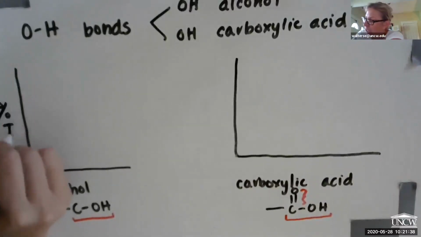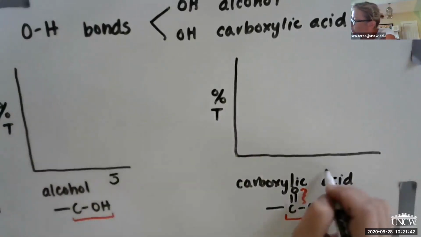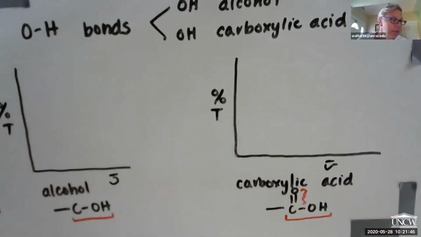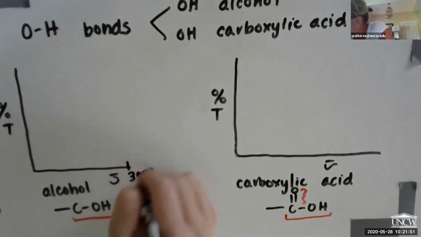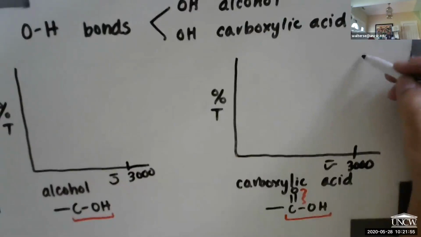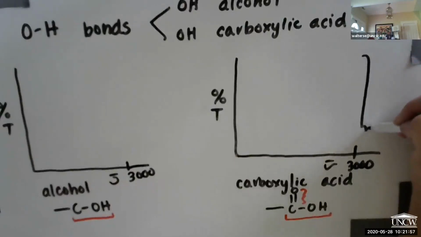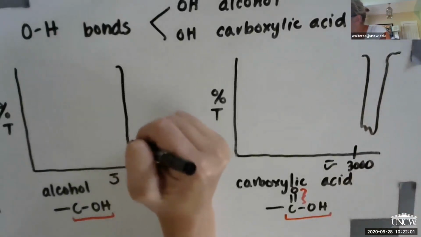Percent transmittance. So this is 3,000. And like I said, you're almost always going to have that bit there from the sp3 carbons to hydrogens.